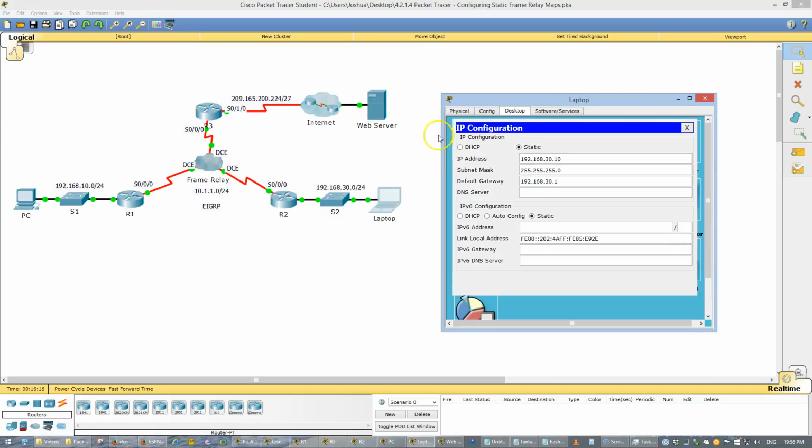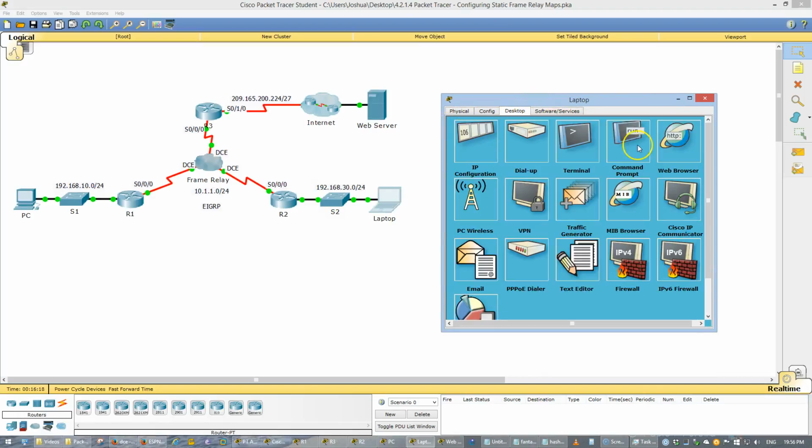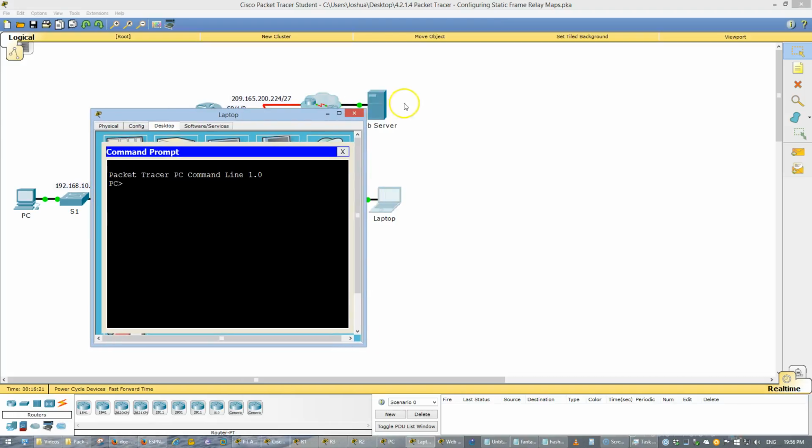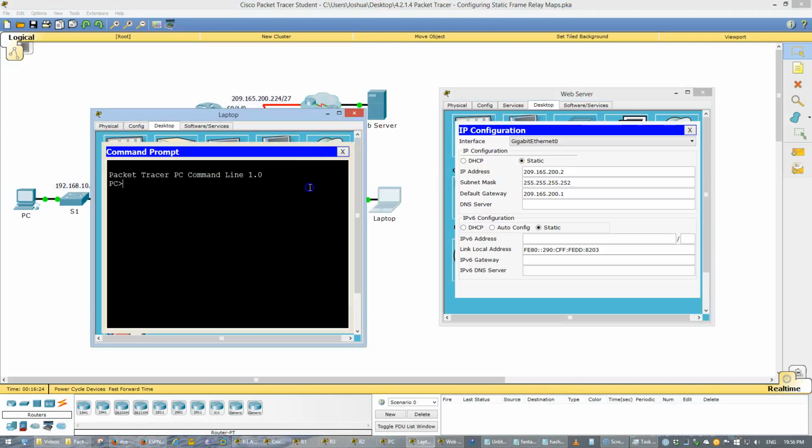There we go. And then the laptop to the web server.